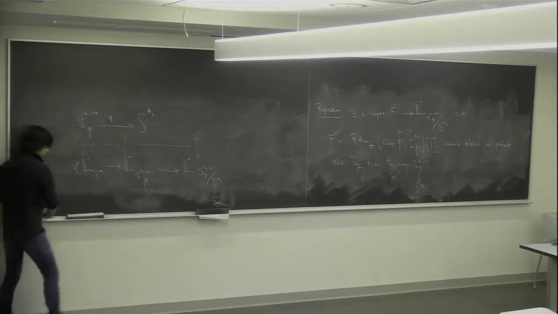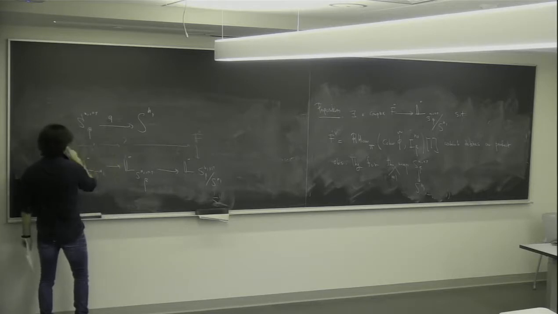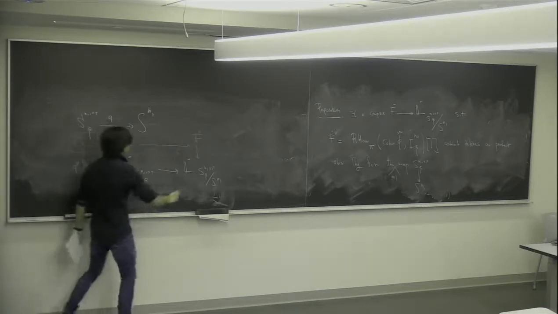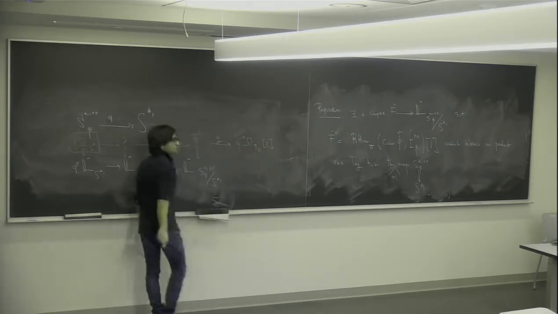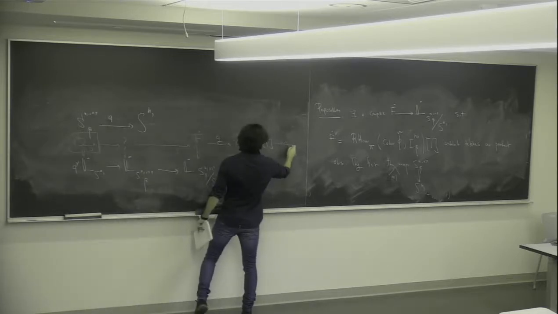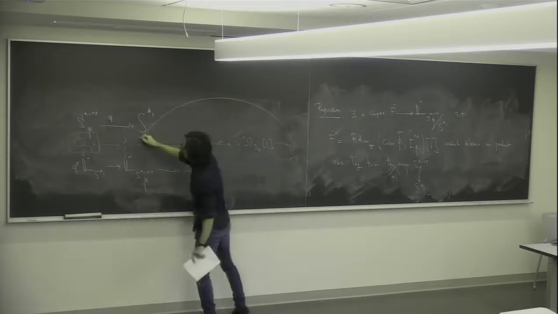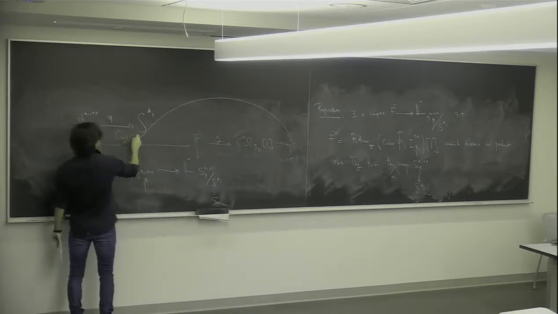And how do we do that? We can basically use this exact triangle to construct it. So what this is, we can put it over here. We can shift it by 1. We can call this map G. If I take the cone of G, I can put it back in here. So cone of G minus 1.